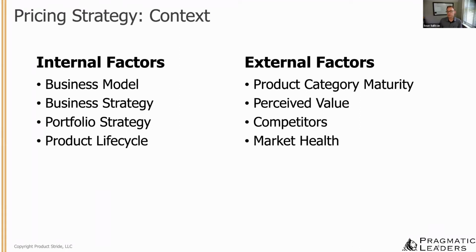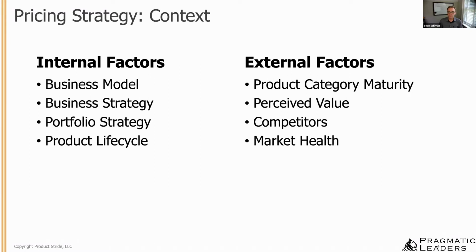The next one is perceived value, and this is an external factor in my view because it's coming from the market, but it's something that you have a lot of control over. And this is the perceived value of solving a particular problem that your product is setting out to solve.